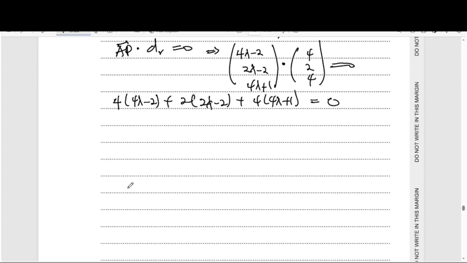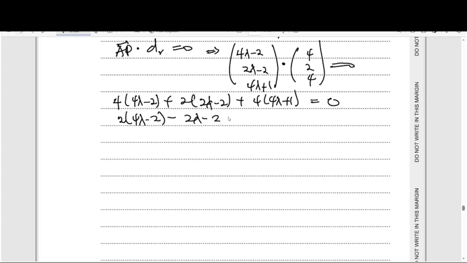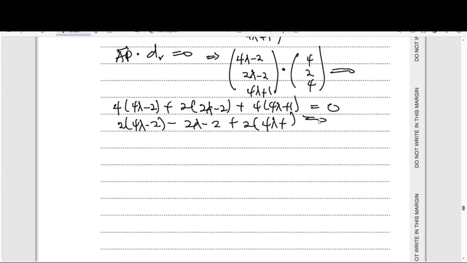So what do we have? I think we can divide through by 2. Let's divide through by 2 so that it becomes reduced. You have 2 times 4 lambda minus 2, plus 2 lambda minus 2, then plus 2 times 4 lambda plus 1 is equal to 0.